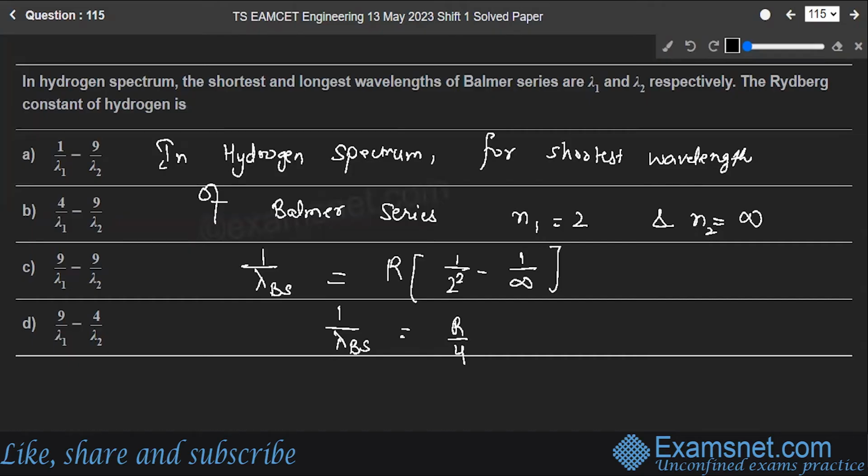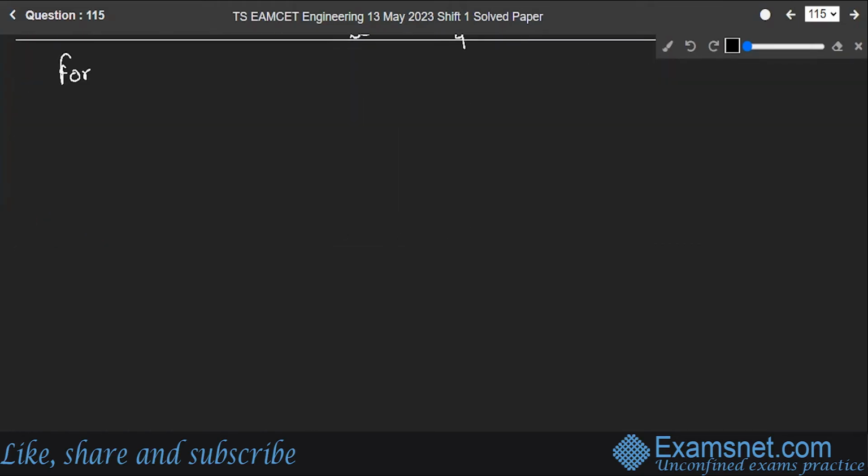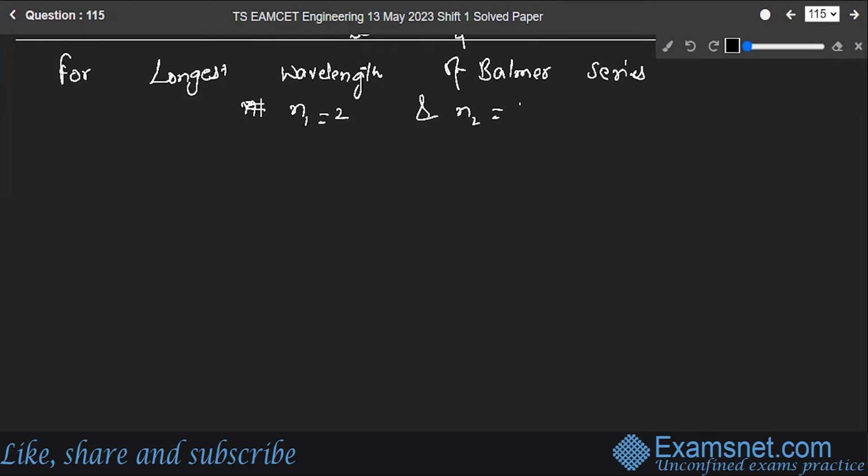Now, for the longest wavelength of Balmer series, you have n1 as 2 and n2 as 3.